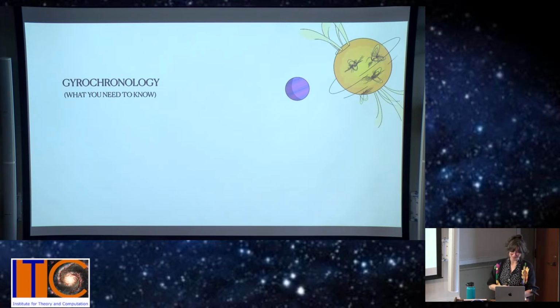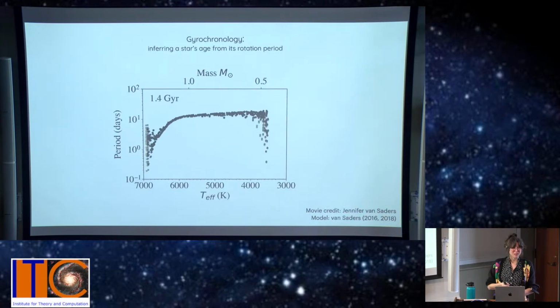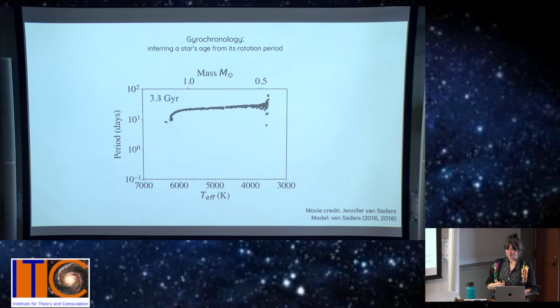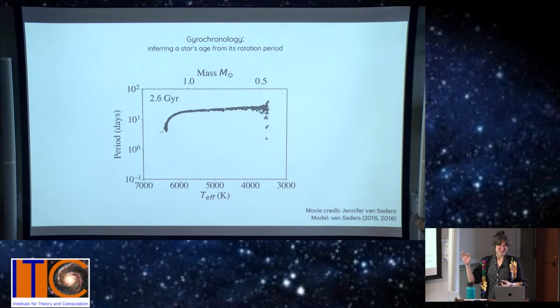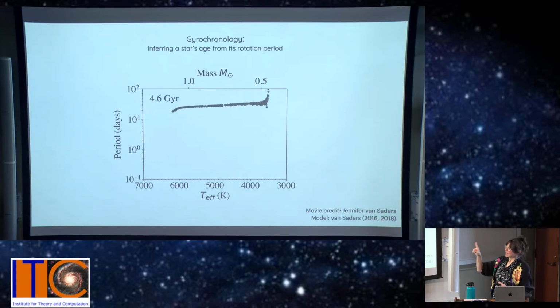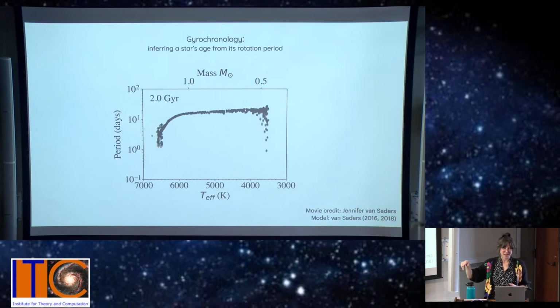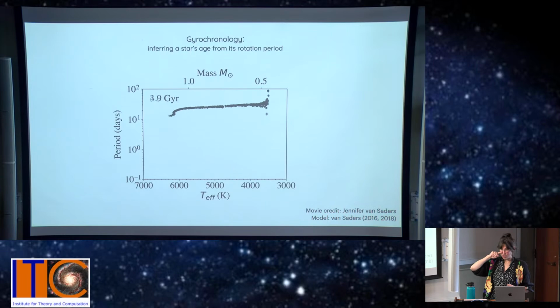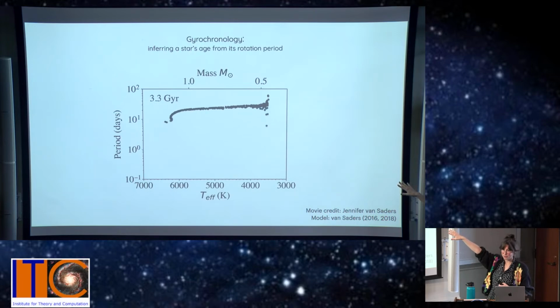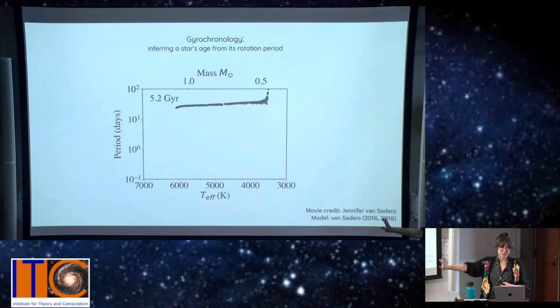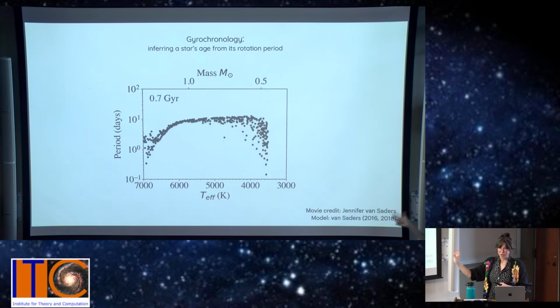Okay, so let me just explain in a little bit more detail how this process works and what gyrochronology is. So again, it's dating stars from their rotation period. These axes I'm going to show a lot in this talk. This is like the gyrochronologist's HR diagram. Rotation period on the y-axis, more slowly rotating stars are at the top, rapidly rotating stars are at the bottom, and effective temperature in reverse.